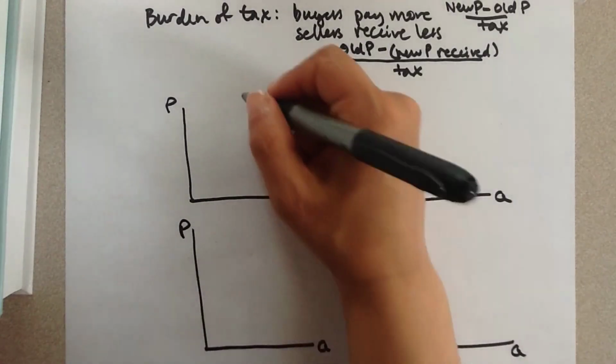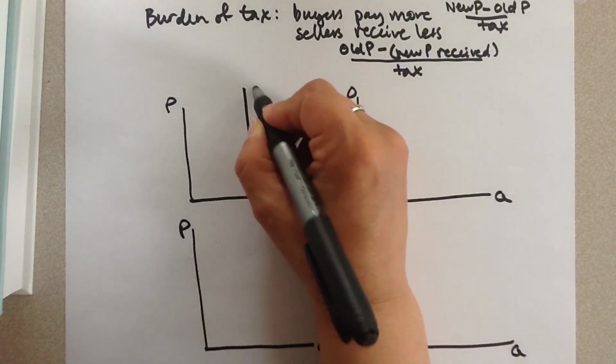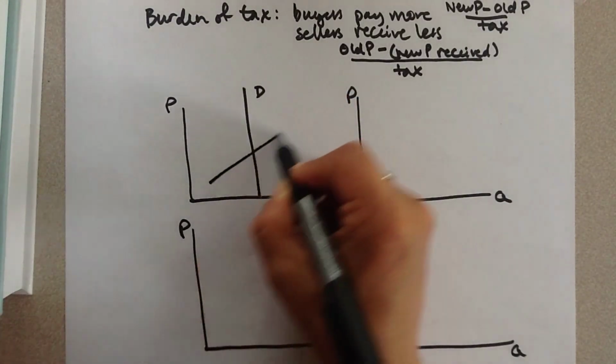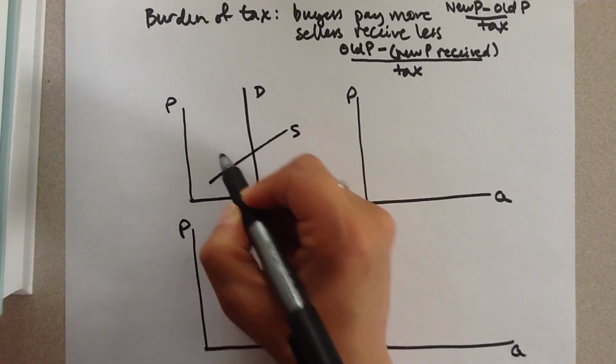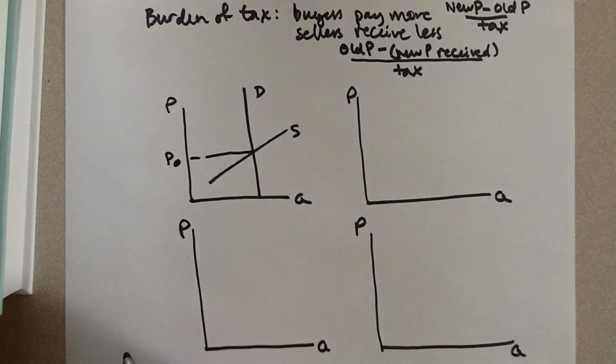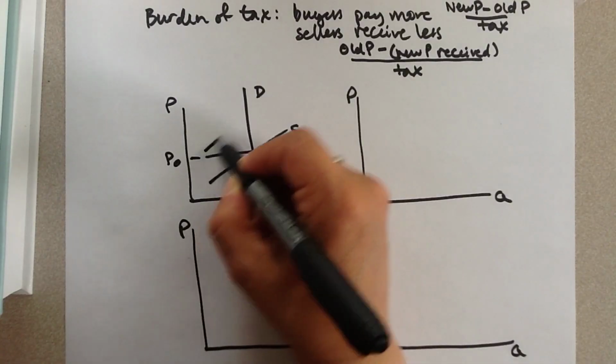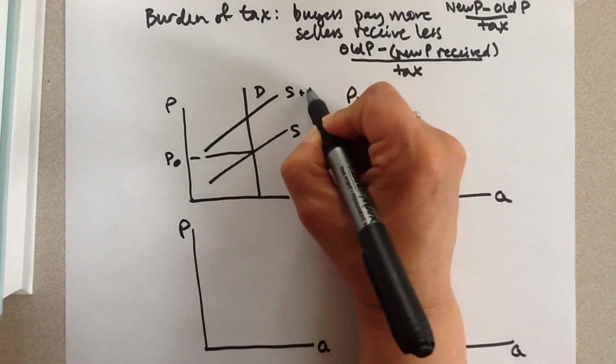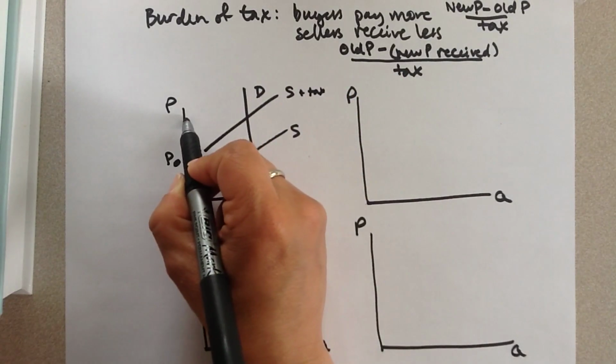Let's take a perfectly inelastic demand. And then we have supply. Here's our original price. When the tax comes in, the supply curve shifts up by the amount of the tax, and we have a new price.